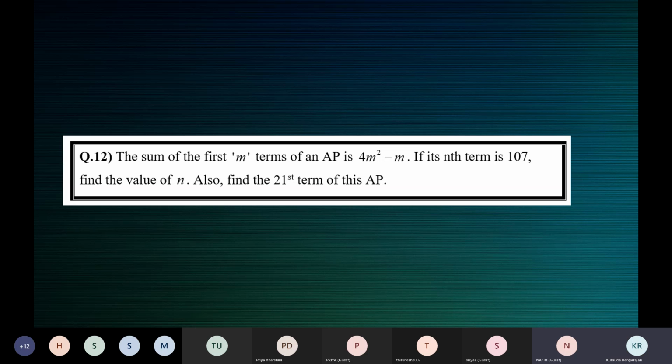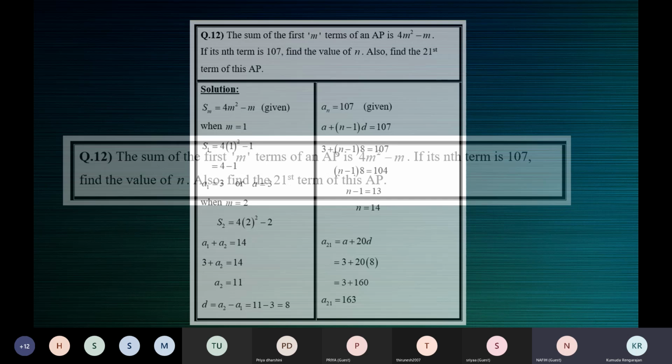What is the value of a? a is 3, ma'am. d? d is 8, ma'am. Then please check a21. It's 163, ma'am. So n is 14, a21 is 163.